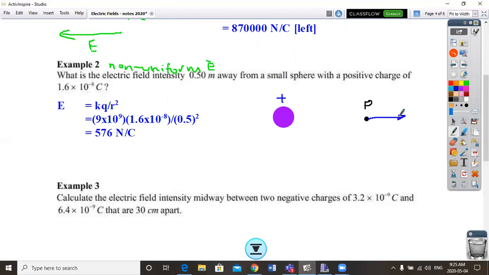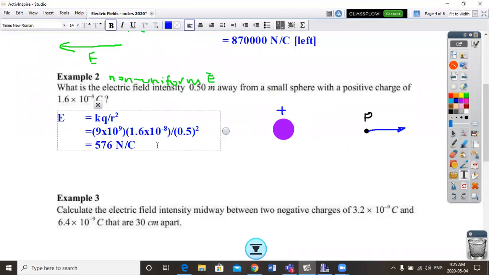We don't know where the P is. It doesn't say where exactly it is, but we know that wherever P would be, wherever that point is, the field will point away from the sphere. So back to here, our direction, we would just put away from the sphere.